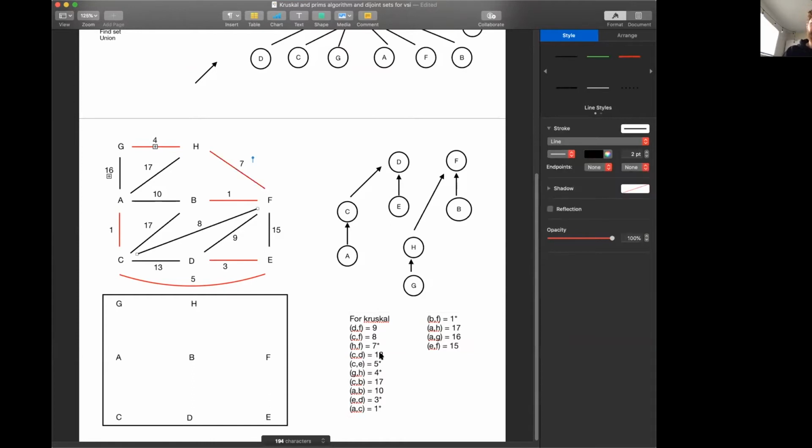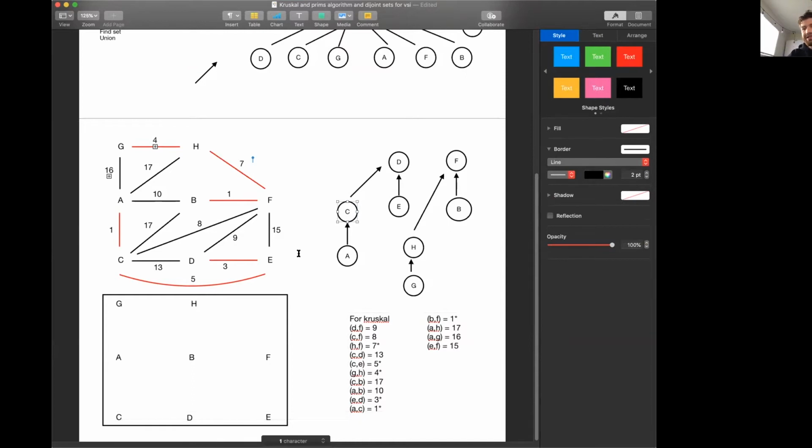So I'm processing CF. I need to call find set on C. C is this one. Find set on C should give me the root of that disjoint set, and that should give me D. Then I call find set on F. F is the root of its disjoint set, so I just get F. And what that tells me is C and F are in 2 different disjoint sets, so I'm going to call union on them. I run into the same situation where both of them have the same rank.